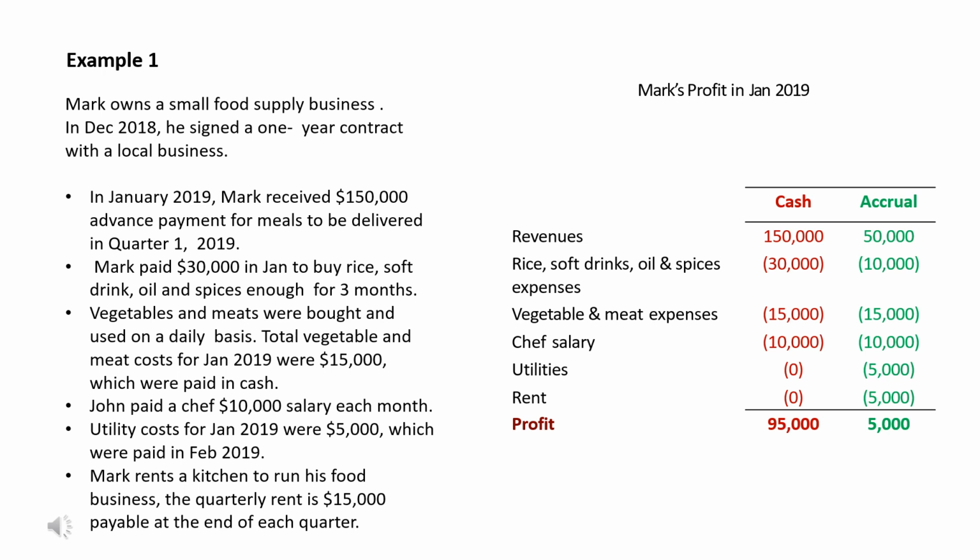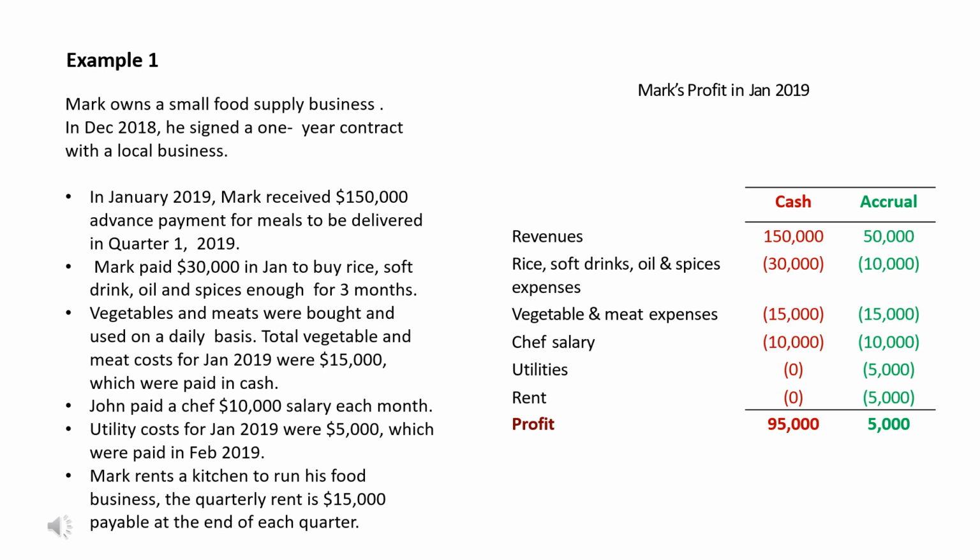Now, if we take these inputs and apply both cash and accrual-based accounting practices, as you can see, in case of cash-based accounting system, the profit for Mark's January 2019 month is 95,000 as opposed to 5,000 in case of accrual-based practices.